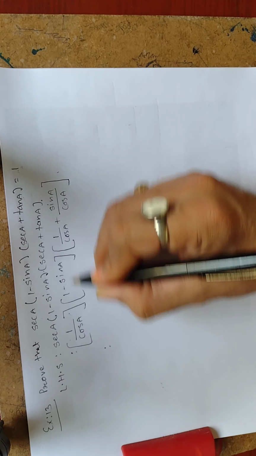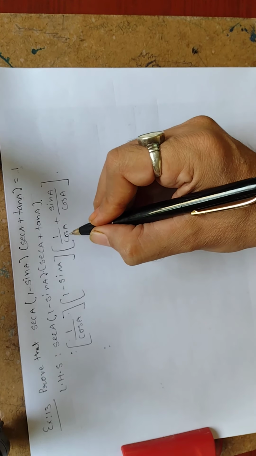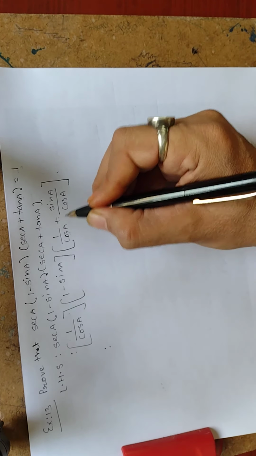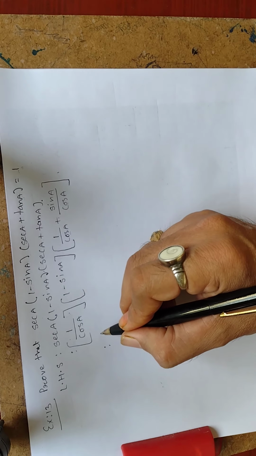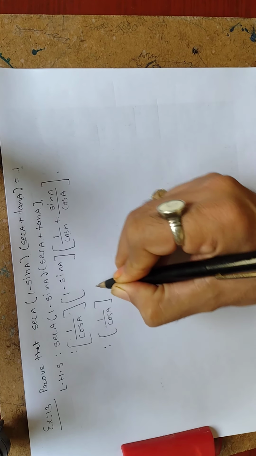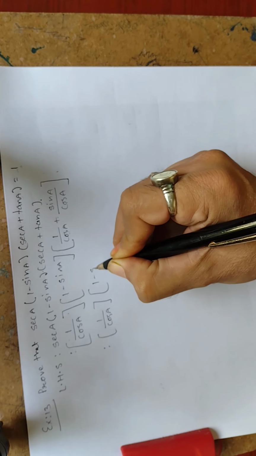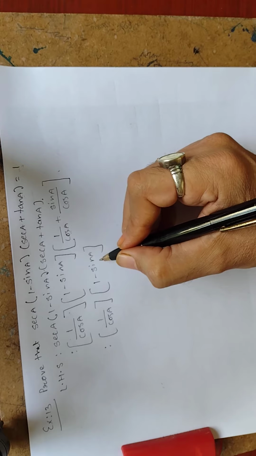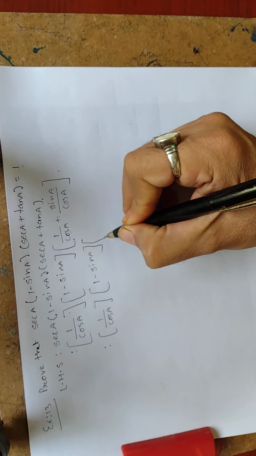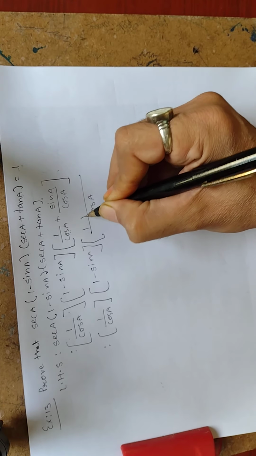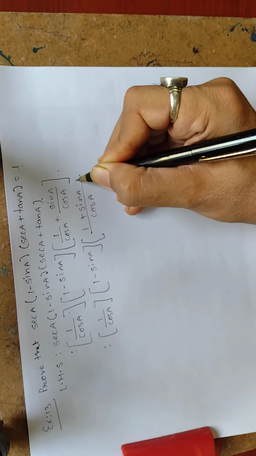Now this is a plus sign, so we will find the LCM and then write it down. So we write as usual 1 upon cos A, then the second one 1 minus sin A. Students, be clear, this is in the numerator, not in the denominator. And the third one, we find the LCM, so the LCM will be cos A, and here 1 plus sin A.